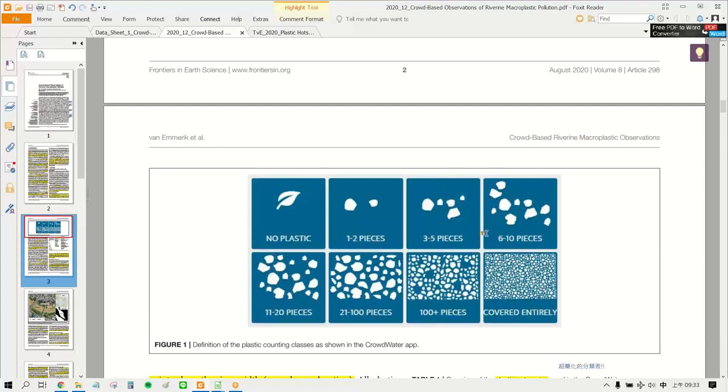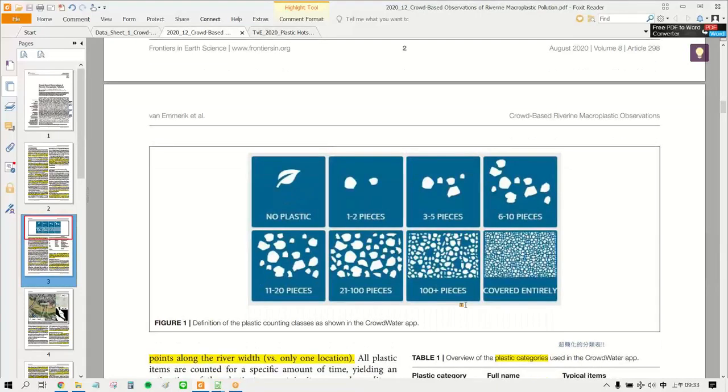You can find it's increasing in numbers. The largest is entirely covered, and the second largest is 100 plus pieces of plastic items. So this is the definition of counting classes, these 8 classes in the crowd water application.